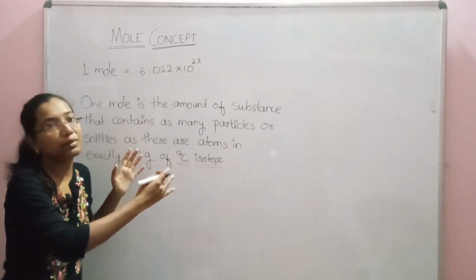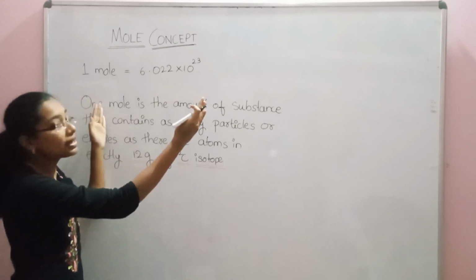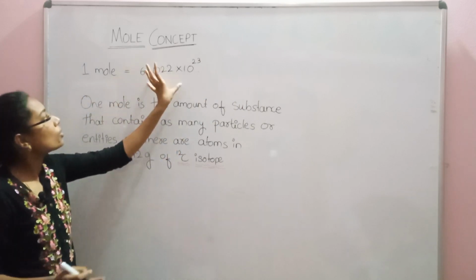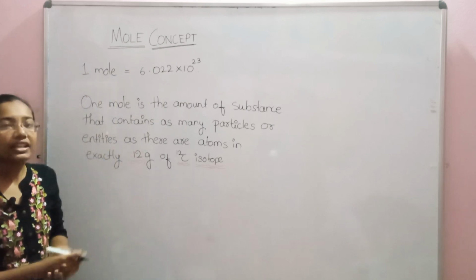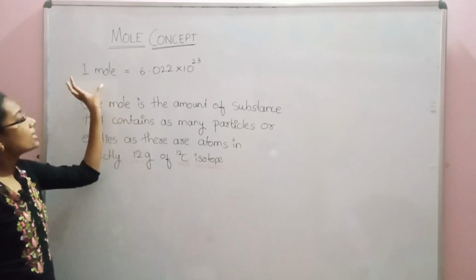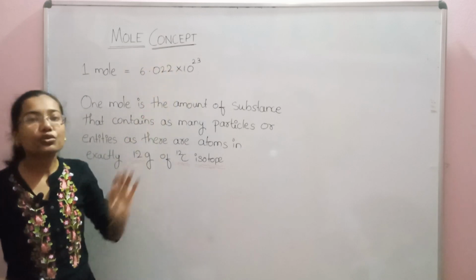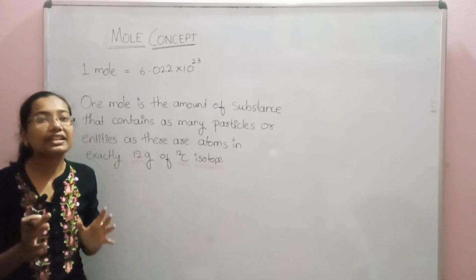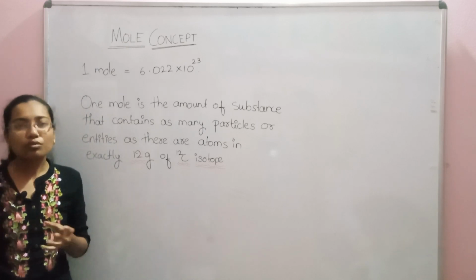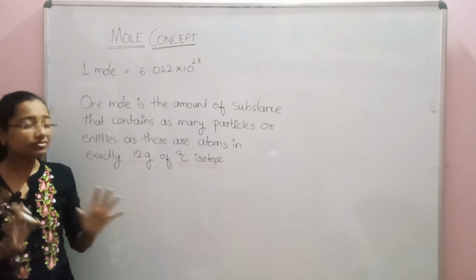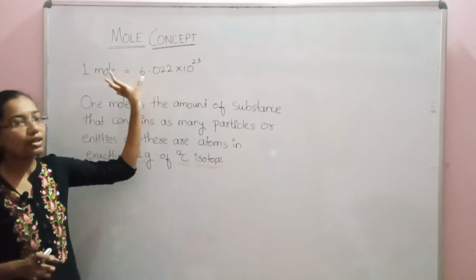That big number is reduced to this small number given as 1 mole. Entities means you can take either atoms or molecules. So this is what the mole is.